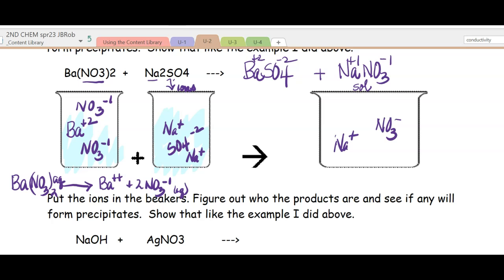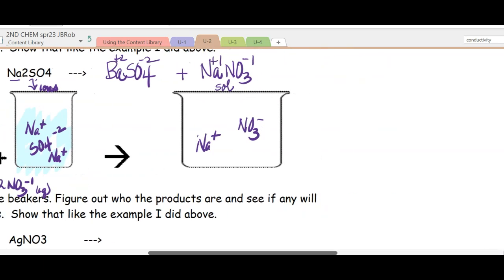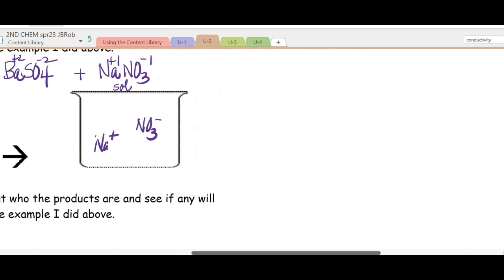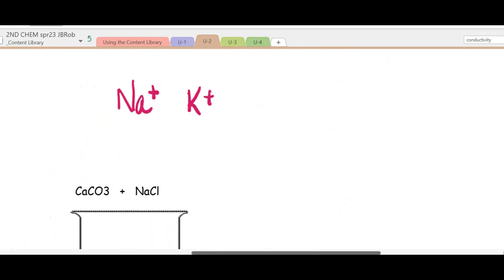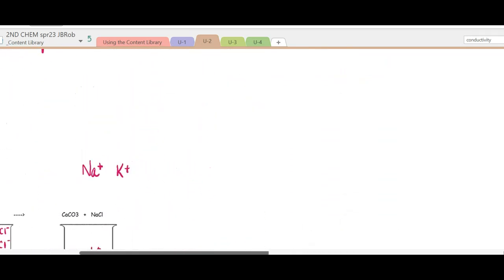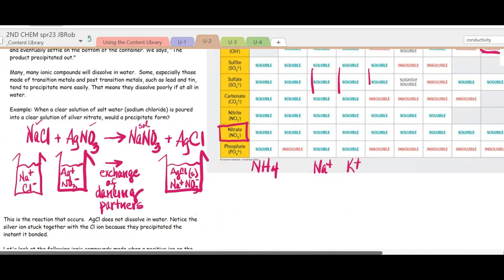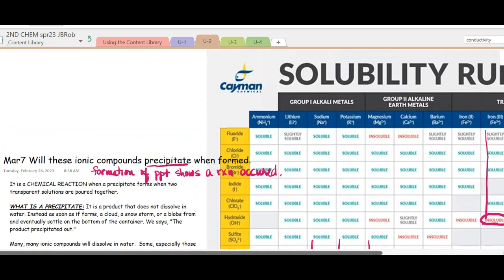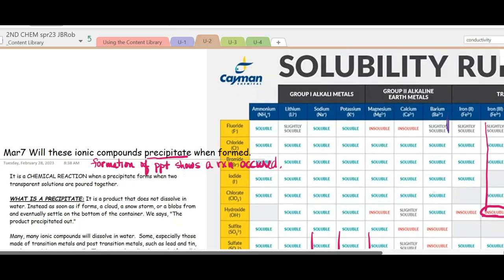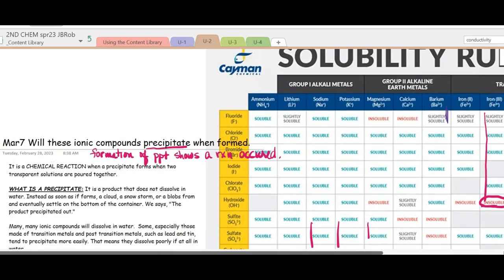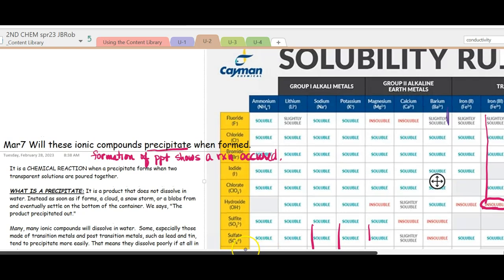All right. But what about barium sulfate? If this reaction is going to go, barium sulfate has to be a solid. Is it? Is barium sulfate a solid? Let's go see. Barium, here it is. Barium sulfate. Here we are at the bottom going across. Sulfate all the way across here. Barium, insoluble.